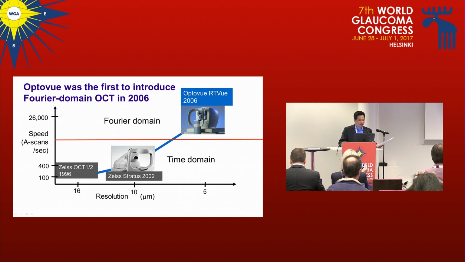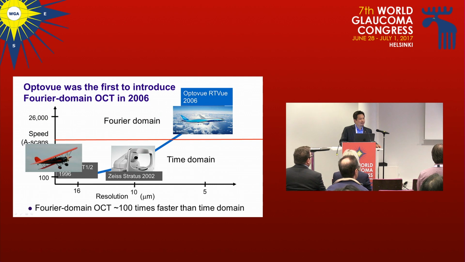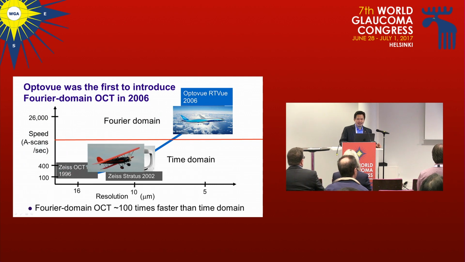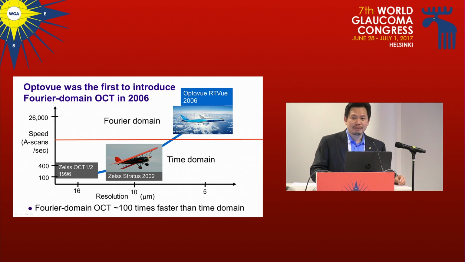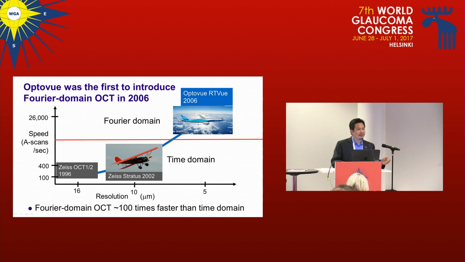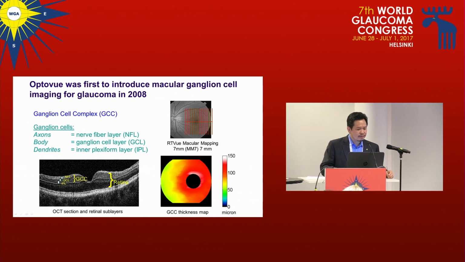That begins in 2006 when Optovue was the first company to introduce Fourier domain OCT, which, as you know, was probably the biggest event since the original invention of OCT, making the speed much faster and really laying the foundation for three-dimensional volumetric imaging with OCT and also OCT angiography.